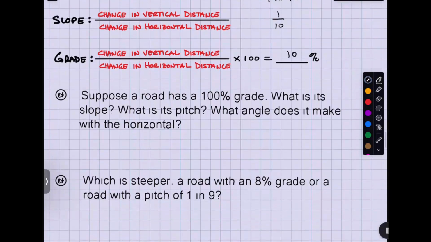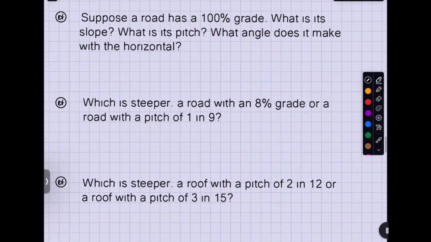Okay. Suppose a road has 100% grade. What is the slope? What is the pitch? And what angle does it make with the horizontal? So what's the pitch? What's the slope? Think about grade.